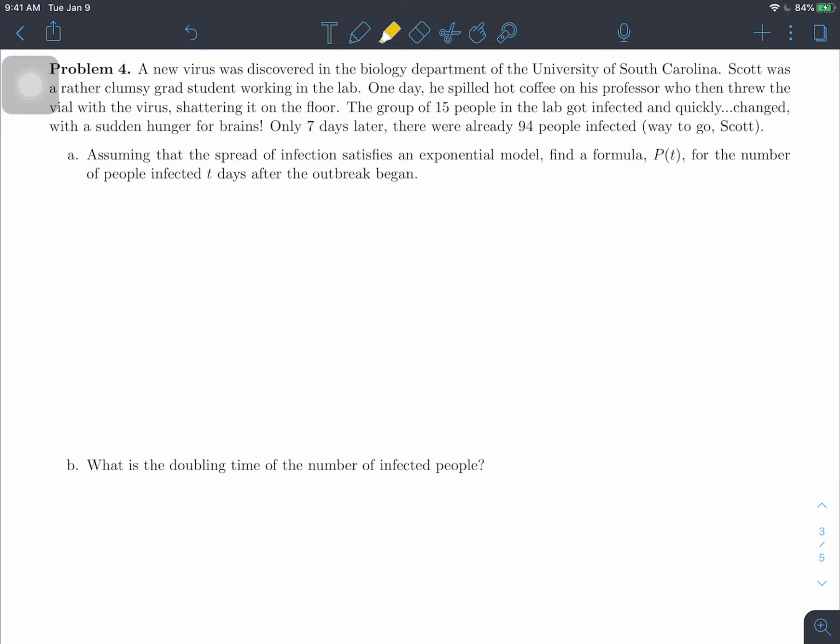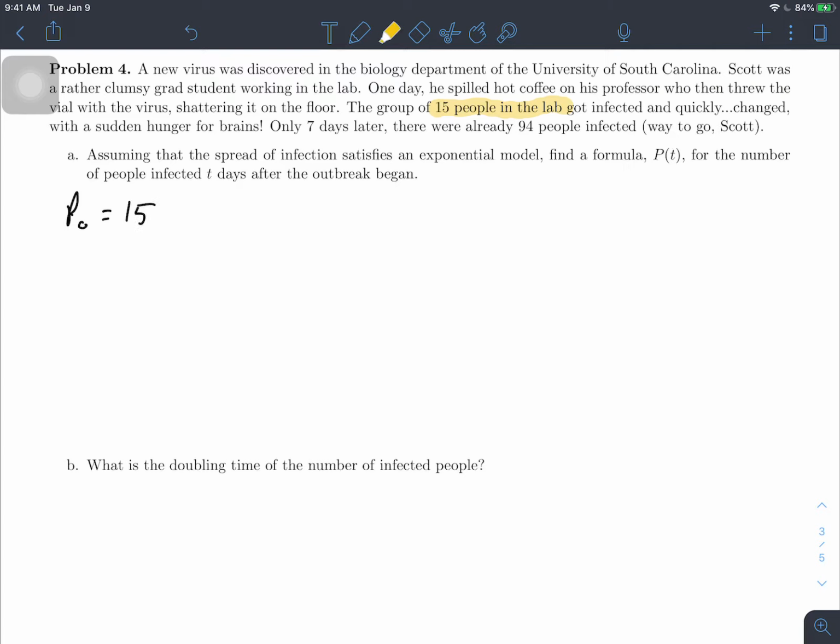That tells me P naught equals 15. And then they tell us 7 days later there were 94 people infected. The way I should read that is P of 7 equals 94.